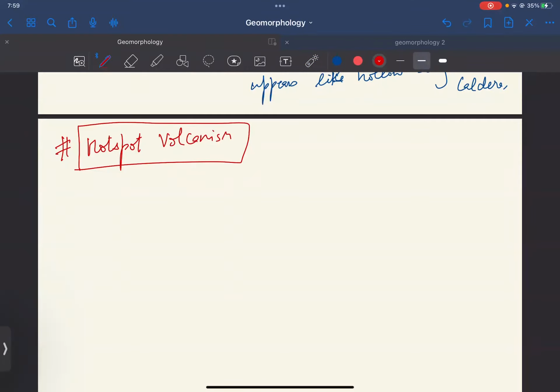Now see, hotspot volcanism, or we also say it in other terms, mantle plumes. Because UPSC had asked question in the mains, what do you mean by mantle plumes? All right.